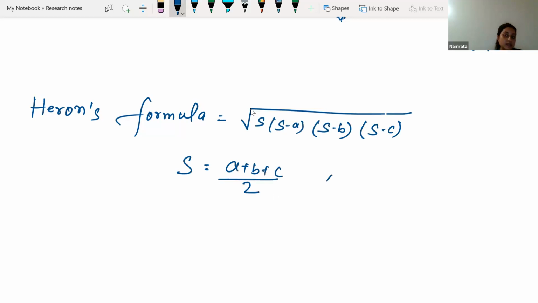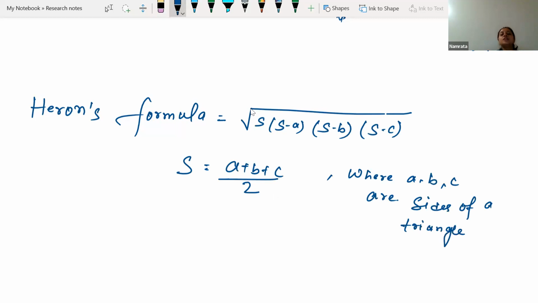Where A, B, C are sides of a triangle. So if you know A, B, C, easily you can find S. Easily you can substitute everything in the formula and you will get the area of a triangle.